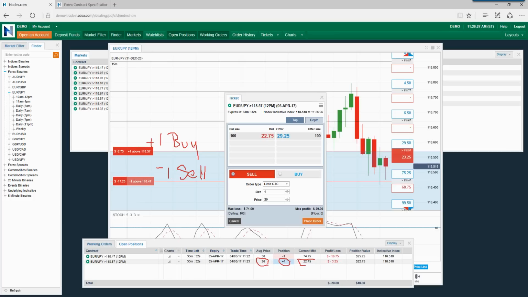My average price was $26, okay? To exit this with profit, I need to set a profit target that is greater than $26. In this case, I'm going to set a profit at 45. No rhyme or reason there. I'm setting a target at 45.